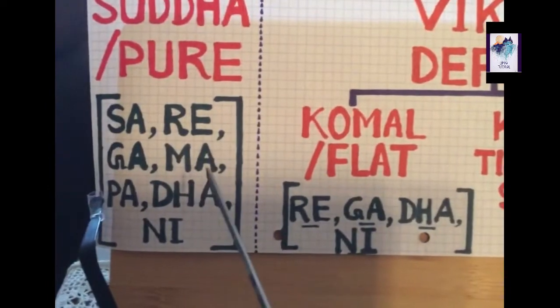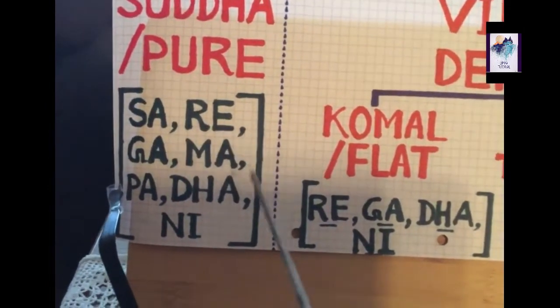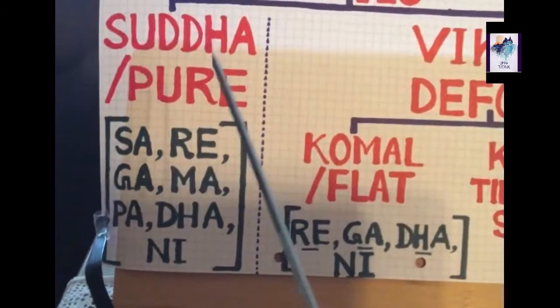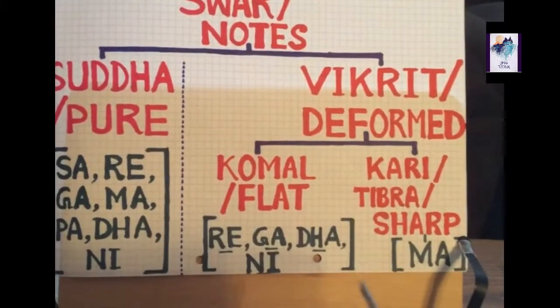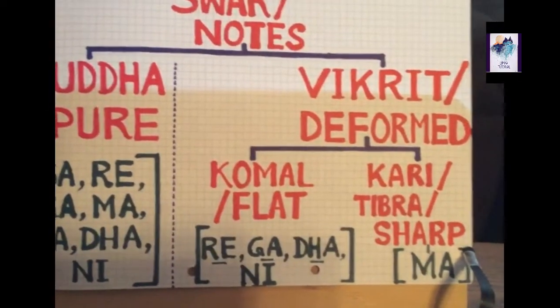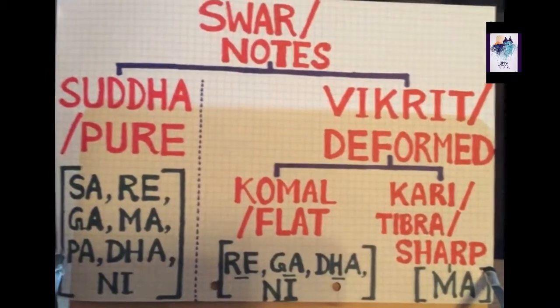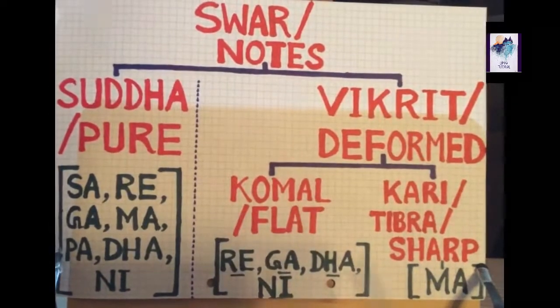And you can check Shuddha Ma, there is nothing there. Shuddha swar has no sign. But if it is Komal or Tibra, signs are there. It's okay. So, now the whole chart of swars is clear to you.